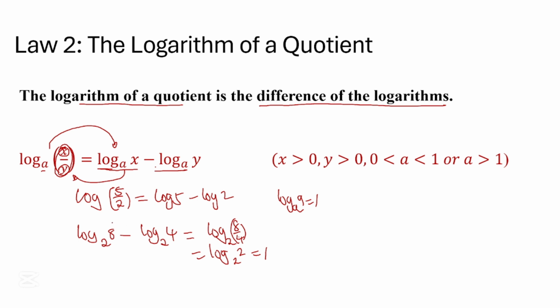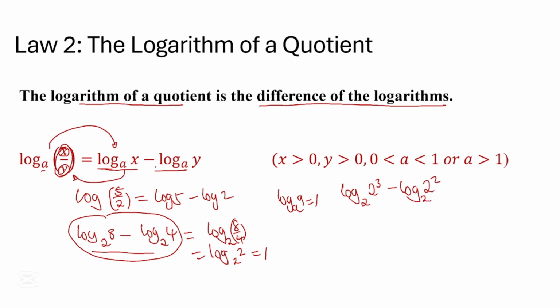This also can be simplified in a certain way. We haven't done the logarithm of a power here, but using the logarithm of a power, you can also simplify this, because you'll be having log 8 is like 2 to the power 3 to base 2 minus log 4 is like 2 squared to base 2.